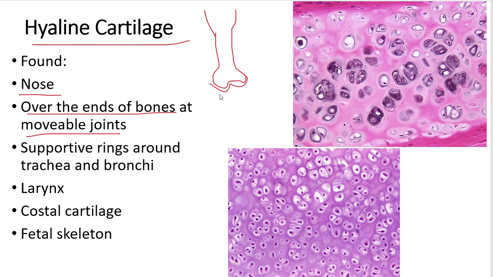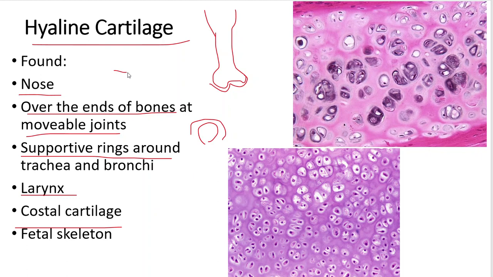It's white, it's smooth, and it reduces friction a very significant amount. The rings around your trachea that hold it open, the larynx, costal cartilage.